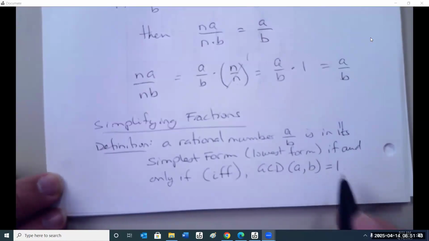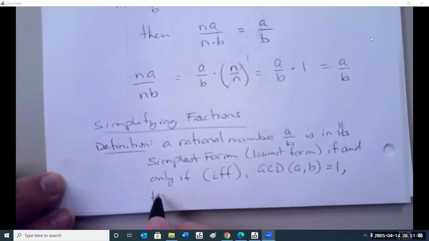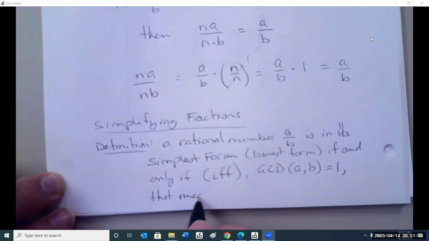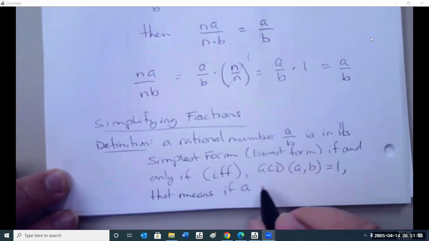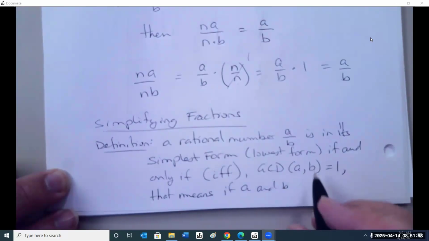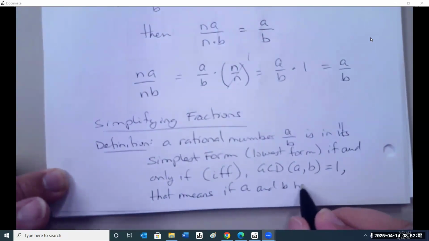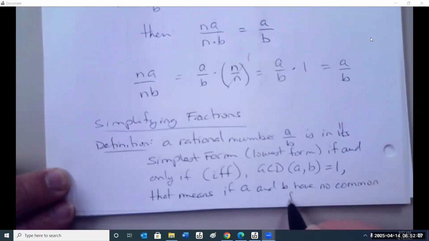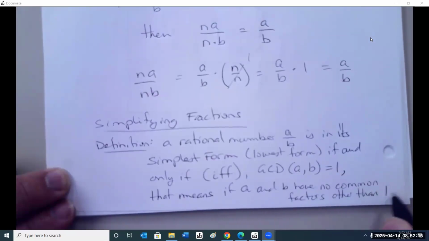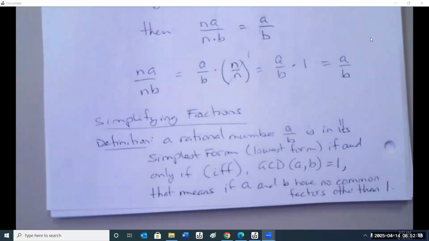If the greatest common divisor is 1, that means A and B have no common factors other than 1. So that's what they're trying to tell us.